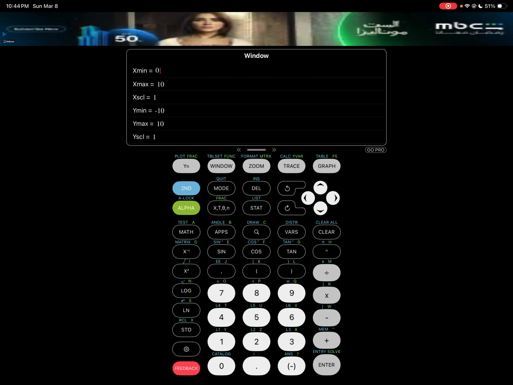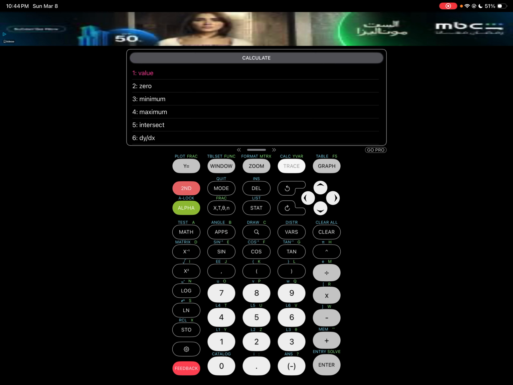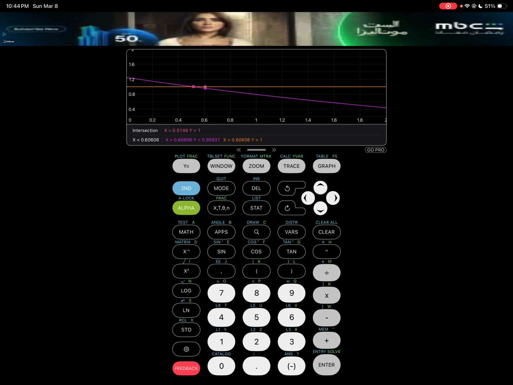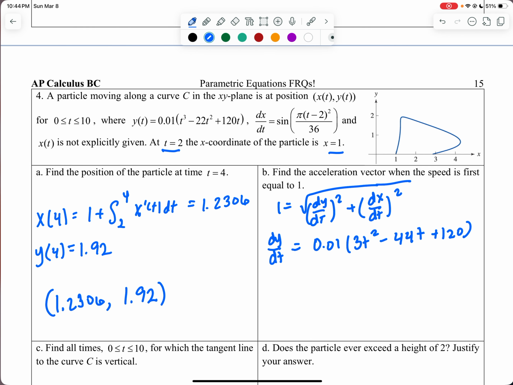So now I'm going to change my window from 0 to 2 and 0 to 2. Graph this. Second, trace, intersect. Find my intersection. And we can see that our intersection is at 0.5146.